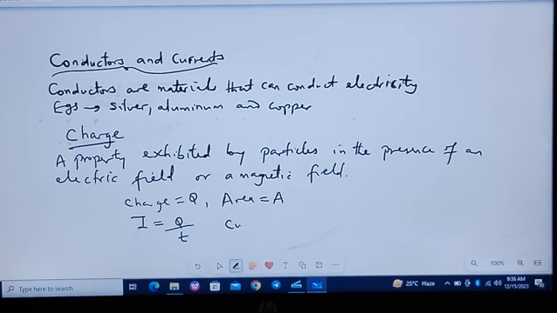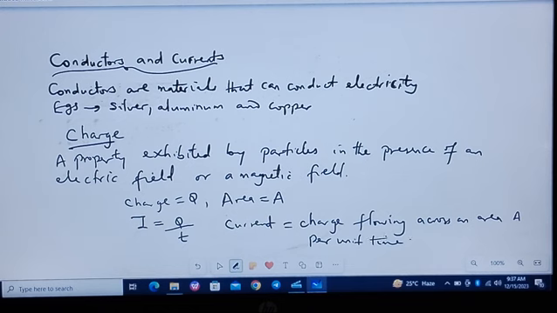So we say current is equal to charge flowing across an area per unit time. The SI unit of current is the ampere.